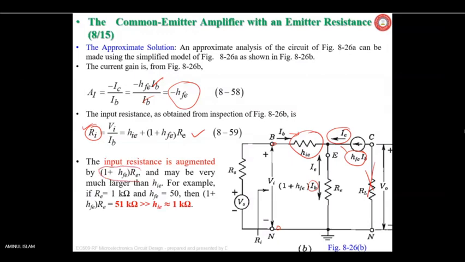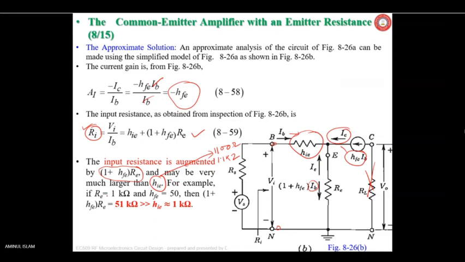Input resistance increases, and with an example it may be very much larger than hie. And hie was what earlier? 1100 ohm, or 1.1 kilo ohm.